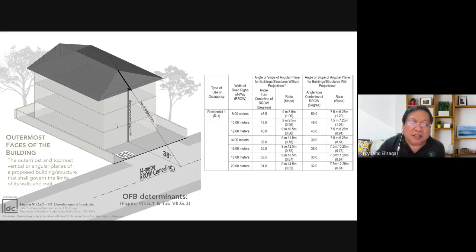That's why, if you notice, some buildings at the bottom are nearer the front, but when they go up, the building line recedes in the top floors because they're trying to avoid this angle. So what is this for? It's actually to allow sunlight and air to go through the streets.